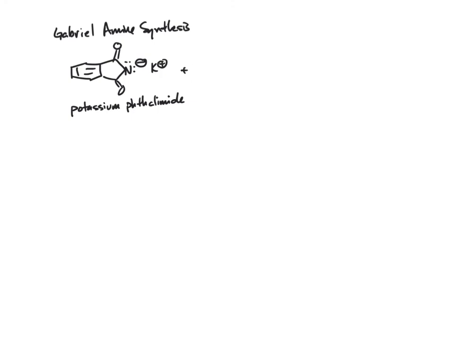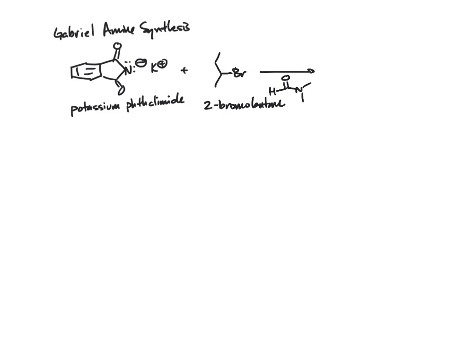The nitrogen is protected by these amide-type bonds, and there are two amides linked to a nitrogen. It's called an imide, so the A changes to I. Then say we were treating it with 2-bromobutane, and for solvent, maybe we have DMF.